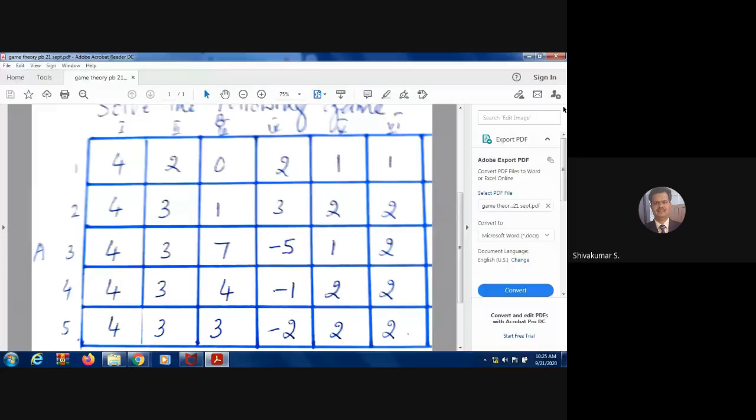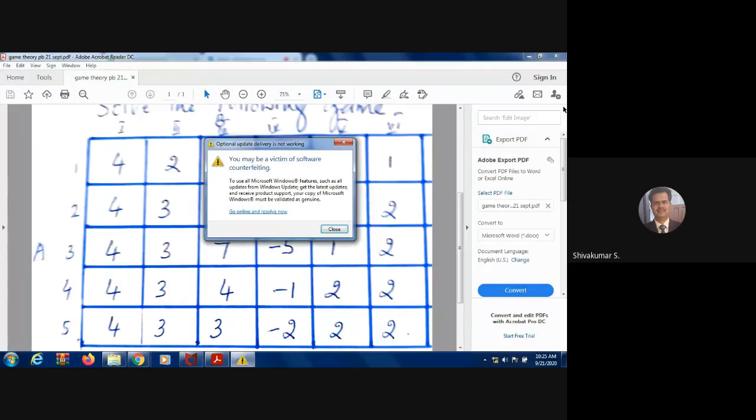So column 6 is dominated by column 5. Delete column 6. In total, you are deleting columns 1, 2, and 6. Understood now? Anybody has a doubt here? You can ask me.